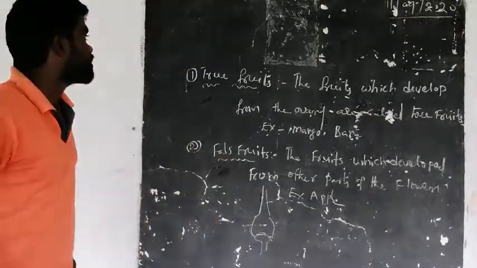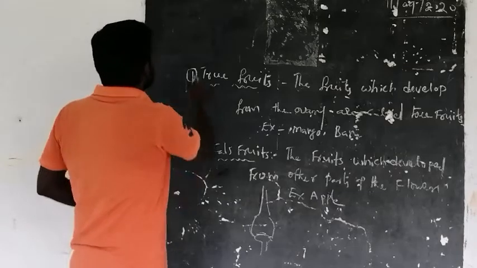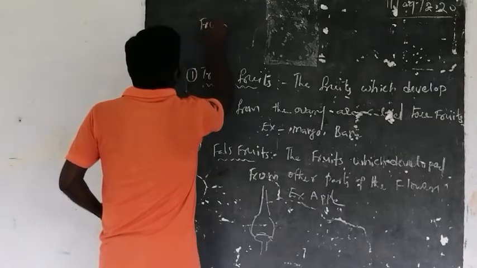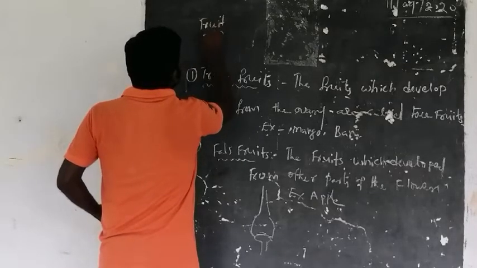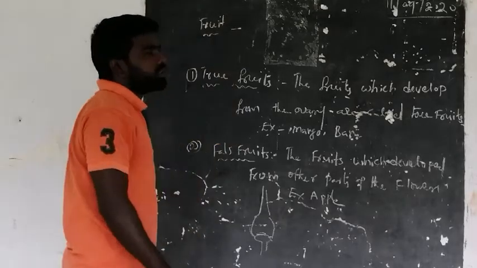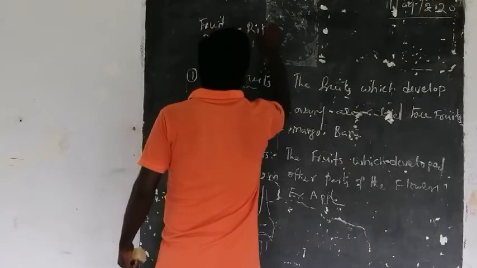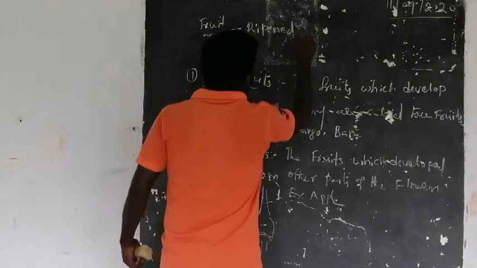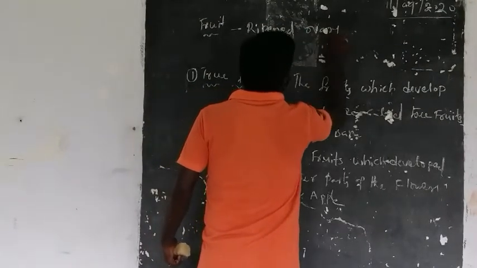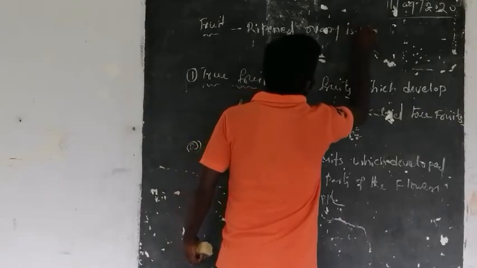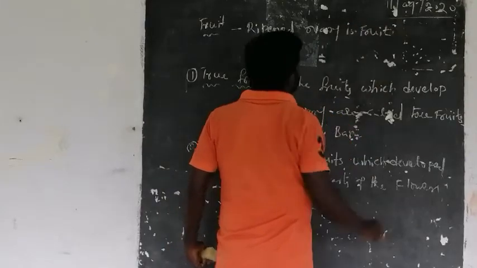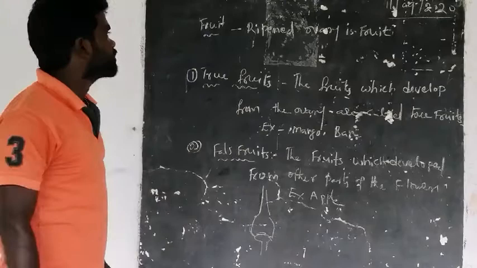Now let us see the main definition of fruit. The ripened ovary is called fruit.